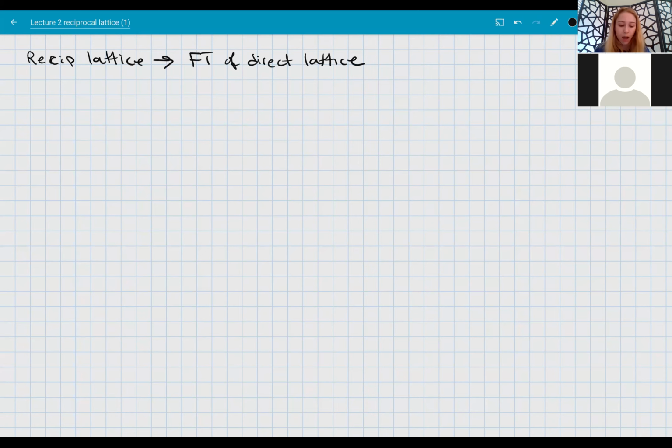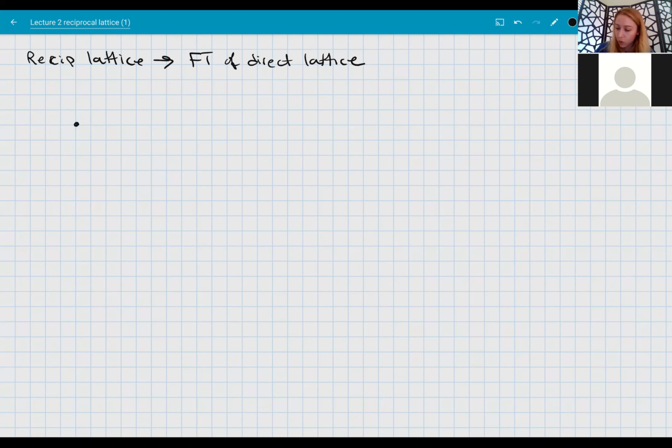So I'm going to write down the derivation only in one dimension, but in the notes that are also posted, I'll have the same thing in higher dimensions. All right, so let me show that.